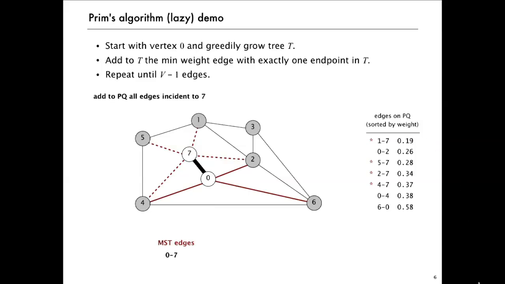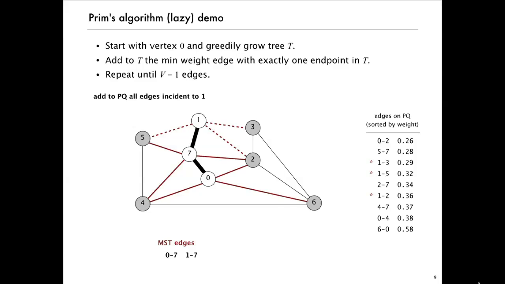So now let's continue. So the smallest thing is 1, 7. That's the smallest edge from a tree vertex to a non-tree vertex. And so that's delete 1, 7 from the priority queue and add it to the MST. So we do that. And now that takes us to 1. And so now we have to add to the priority queue all the edges that connect 1 to non-tree vertices.